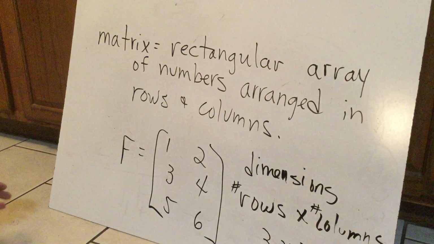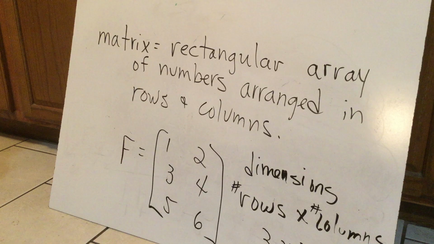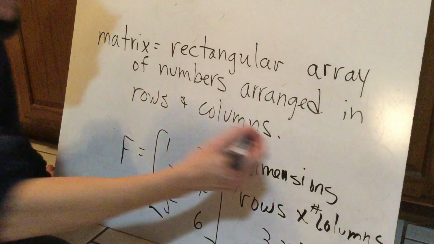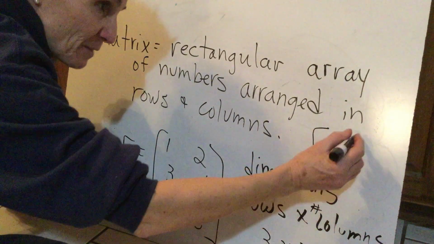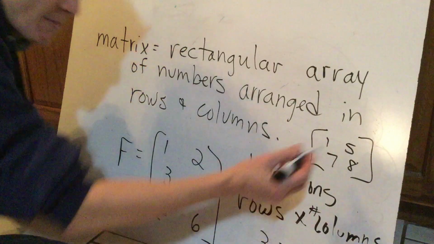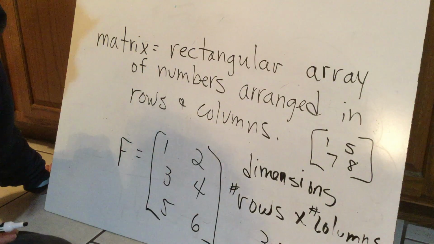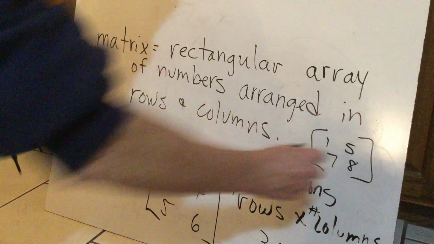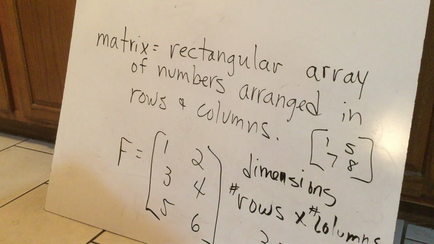Now, the next definition on your sheet is for a square matrix. A square matrix would be a matrix that had the same number of rows as columns. So, an example of a square matrix might be something that looked like this. That is a square matrix because it has 2 rows and 2 columns.